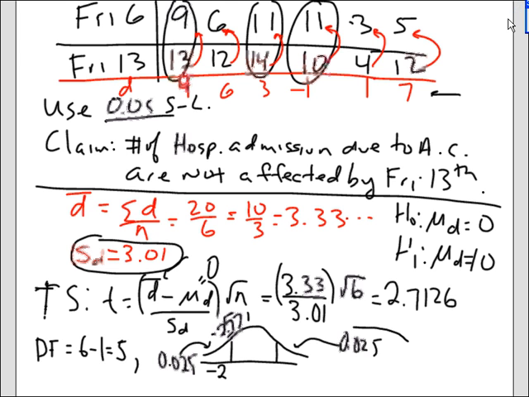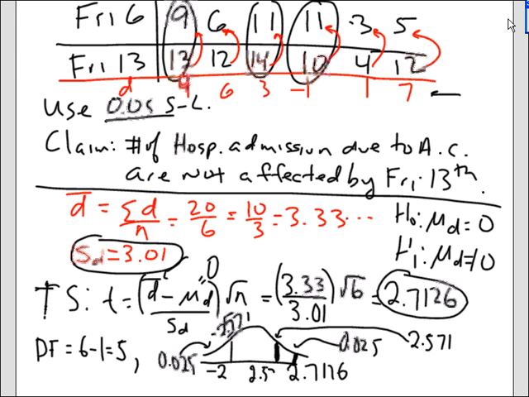The positive t value is 2.571. Those are the cutoffs. But our test statistic was bigger: 2.7126 versus 2.571.